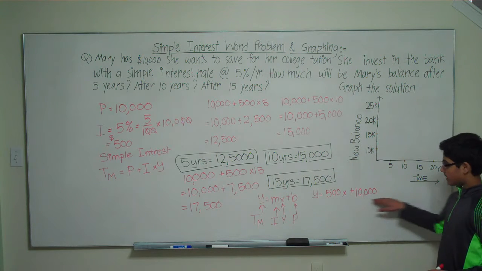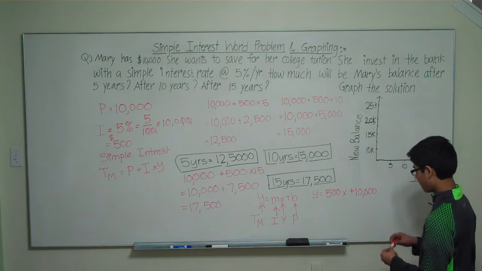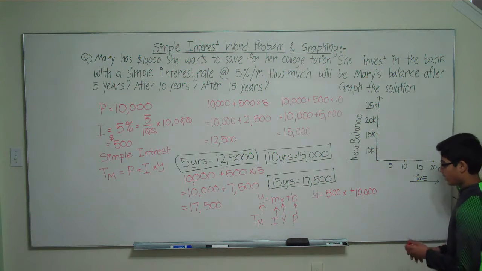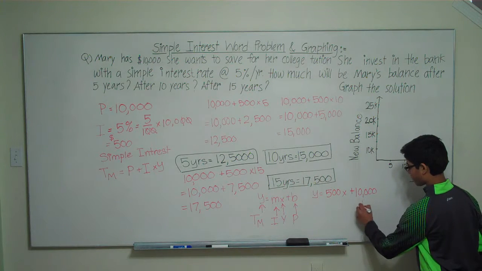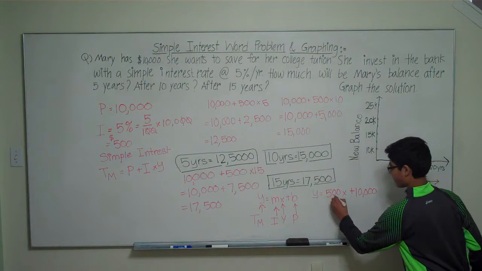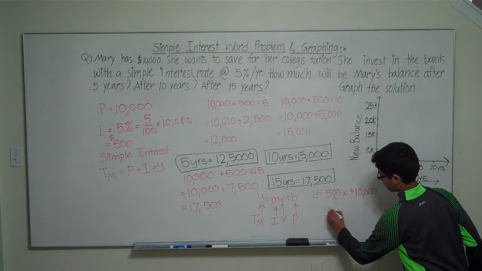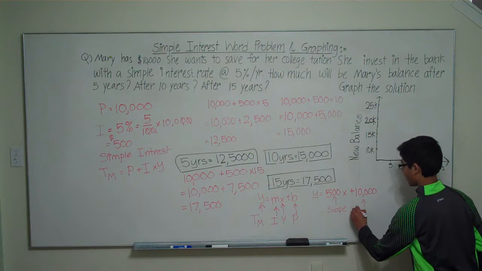Now let's graph this equation. So, in slope-intercept form, the m, which is right here, is the slope, and the 10,000 is the y-intercept.